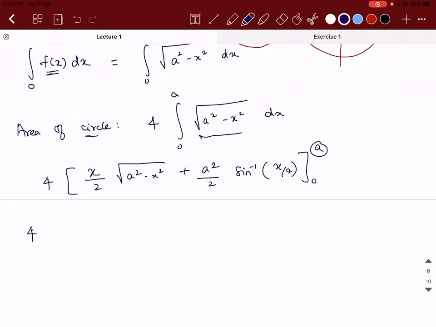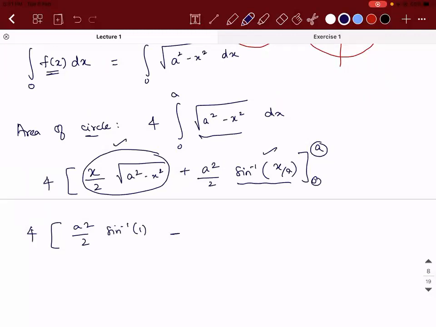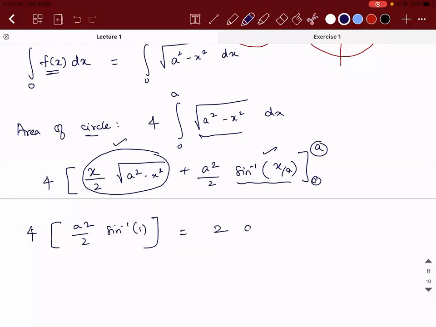If I substitute the upper limit, this whole first term becomes 0, and this will become a square by 2 into sine inverse of 1. Minus, if I substitute 0, this will become 0, and this will also become 0. So I am left with this value. So this will become a square by 2 into sine inverse 1, which is pi by 2. 2 and 2 get cancelled. Answer is pi a square by 4.